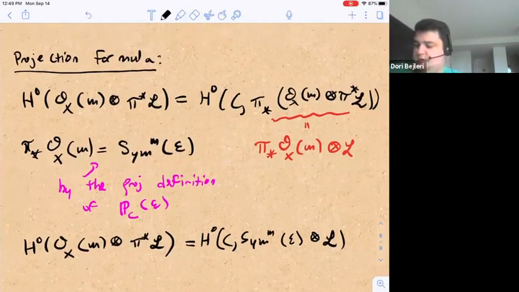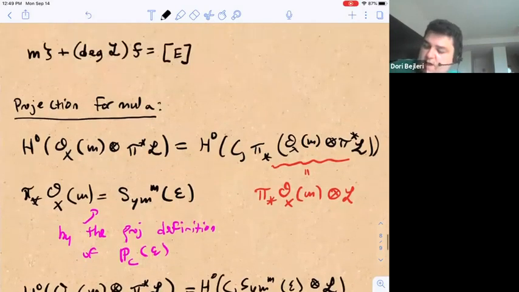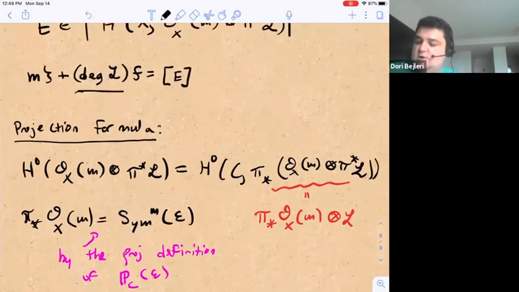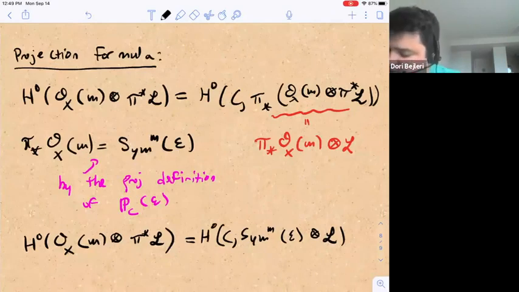Now that we know effective divisors are the same as sections of Sym M of E tensor some line bundle L, and we also know that this L has degree the same as the coefficient here in the numerical class of E, you see that the effective cone of these surfaces depends on the particular choice of vector bundle E, and specifically depends on what sections its symmetric powers have.